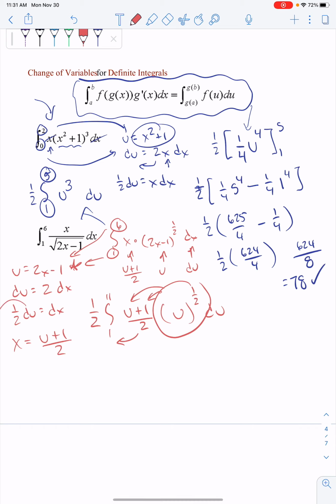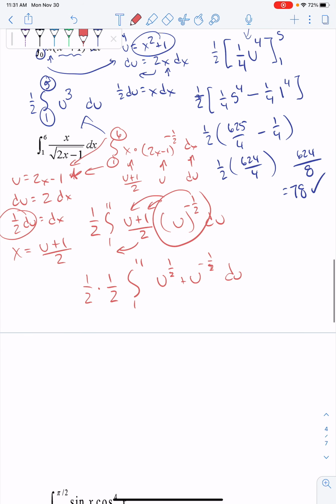So I have my 1/2 from my du, and I'm going to pull another 1/2 out to the front because of this 2 on the bottom. So u to the 1/2 times u just becomes u to the 3/2, and u to the 1/2 times 1 is just u to the 1/2.